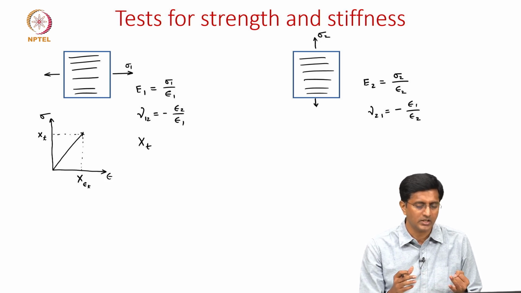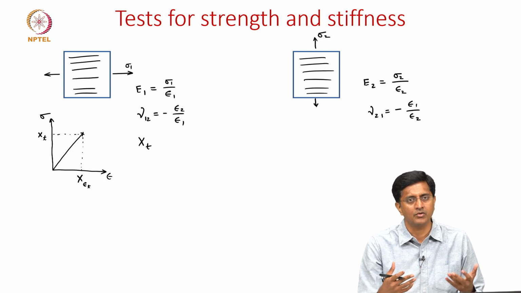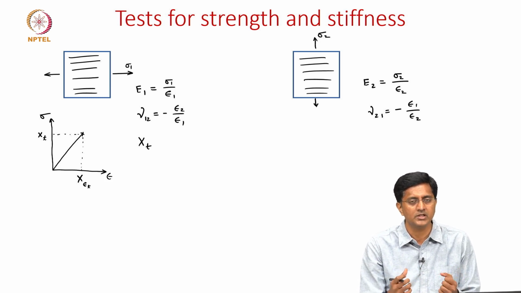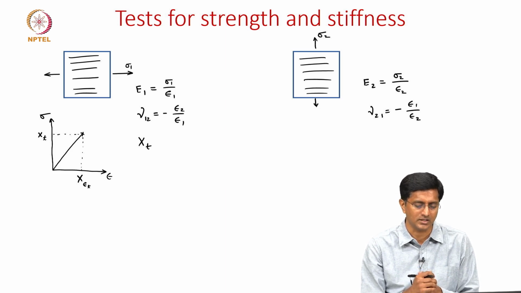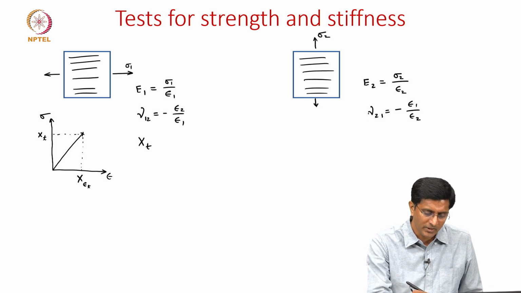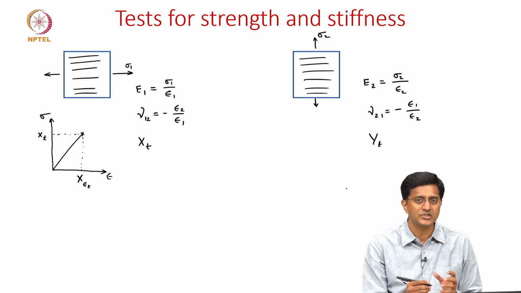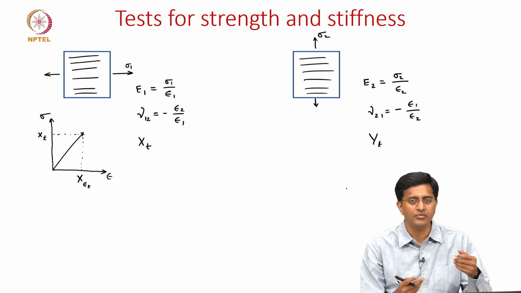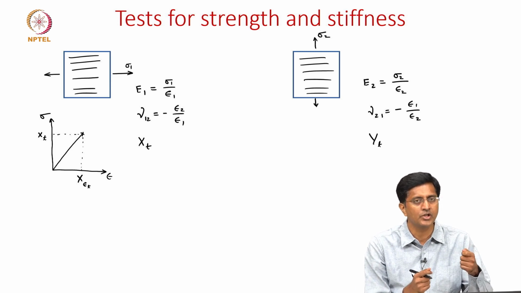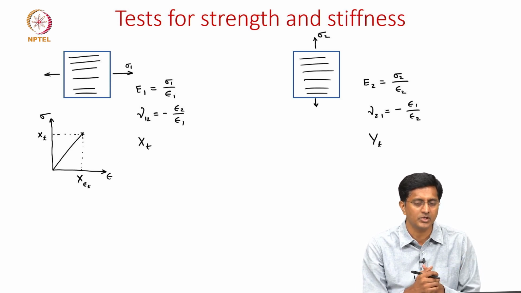If that assumption is not valid, then of course from this experiment we can say that it is no longer a linear elastic material, and probably we have to use a nonlinear elastic analysis. But in addition to that, we should be able to find this YT value, meaning the transverse strength in tension. Later, if we replace this tension loading with compression loading, we should also find the YC value.